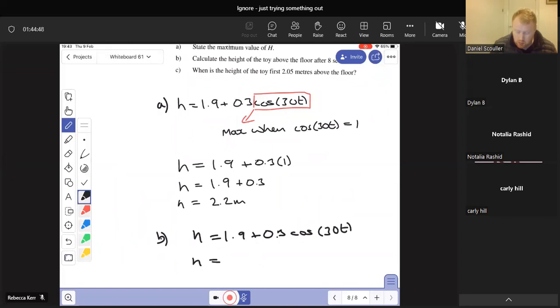The t equals 8 seconds simply gets substituted in where that letter t is.